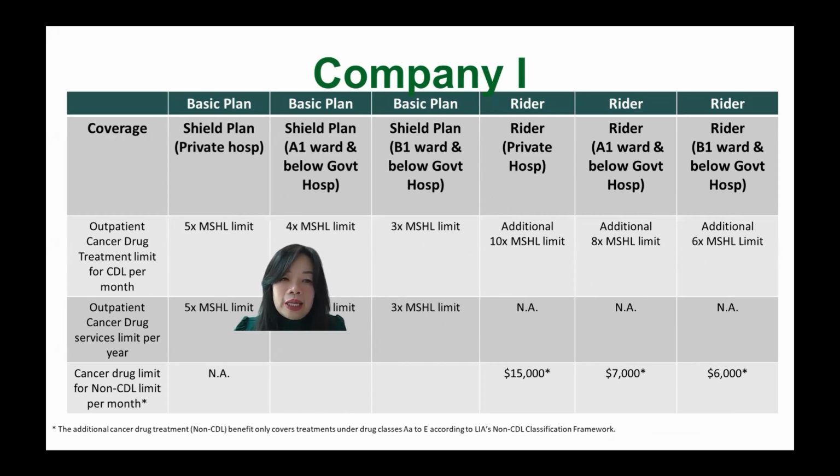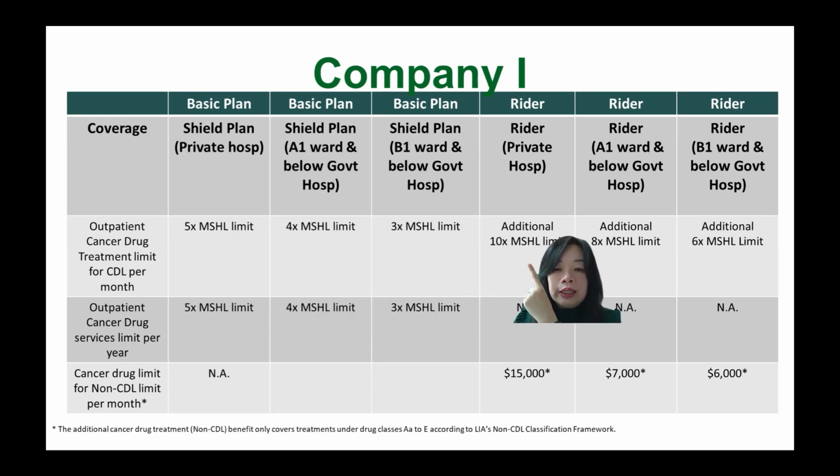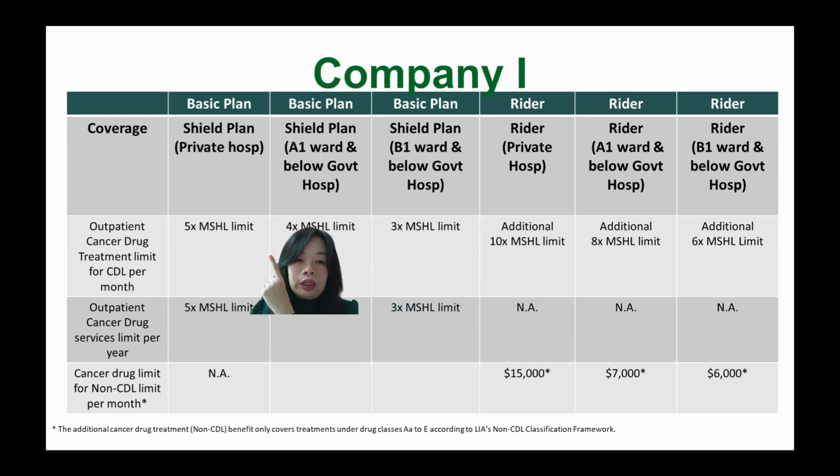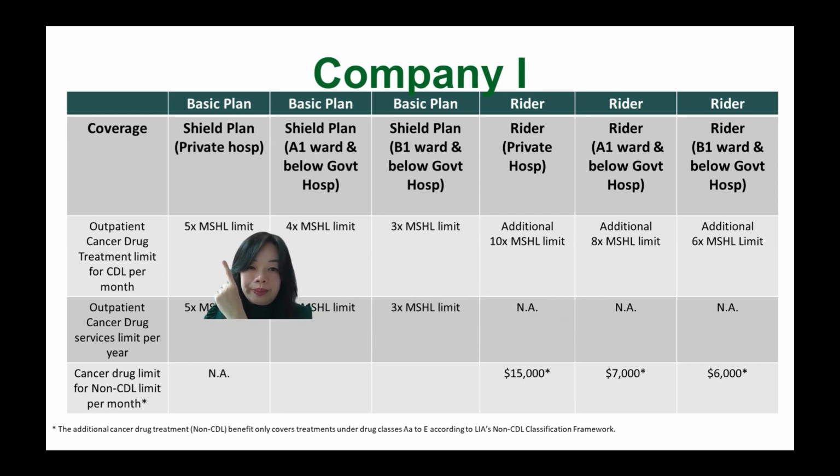For the cancer drug treatment limit, it will be 5 times of the MediShield Life limit if you just have the private insurance shield. If you also have the rider, there will be an additional 10 times of the MediShield Life limit. So if you have the private plan with the shield, it will be 15 times.